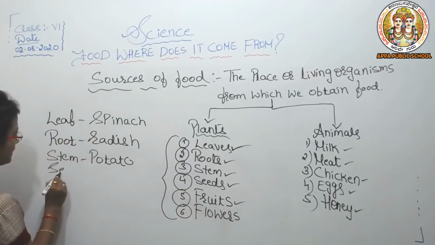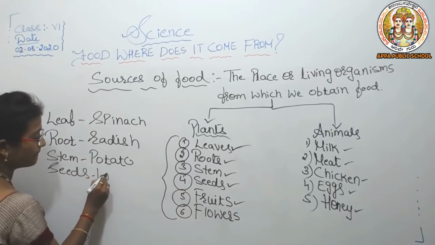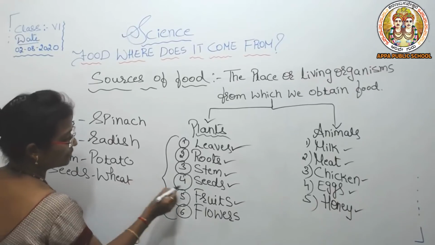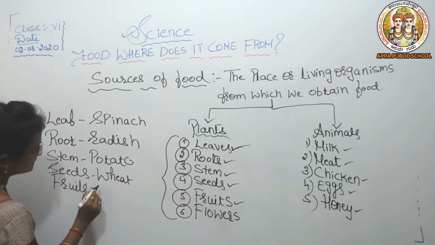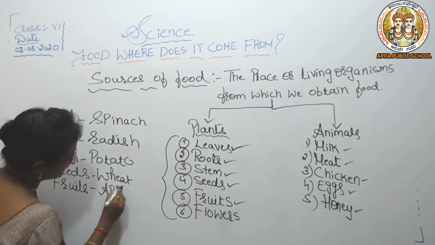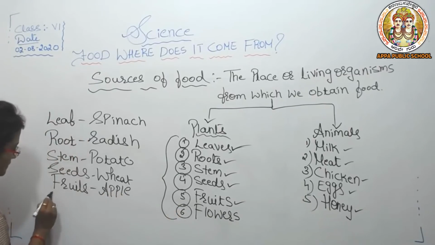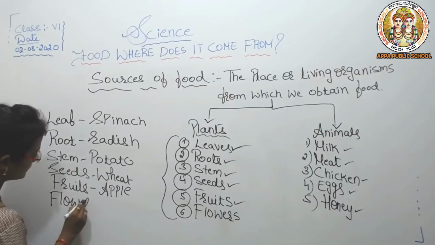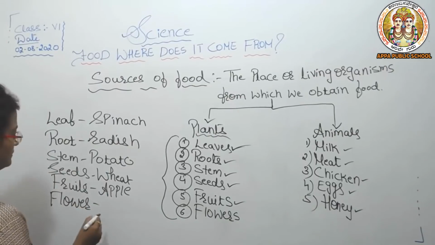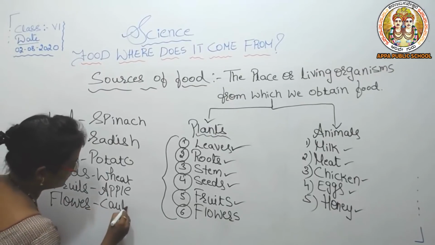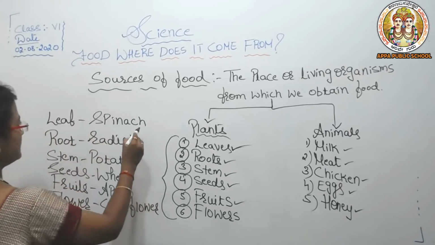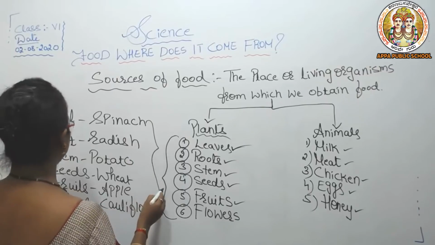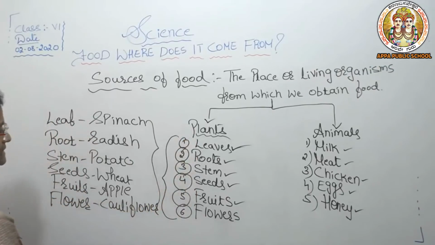Seeds, we take wheat. Fruits, we take any fruit, now I'll take apple. And flower, which flower? Cauliflower. So these are the food items which we are going to get from plants.